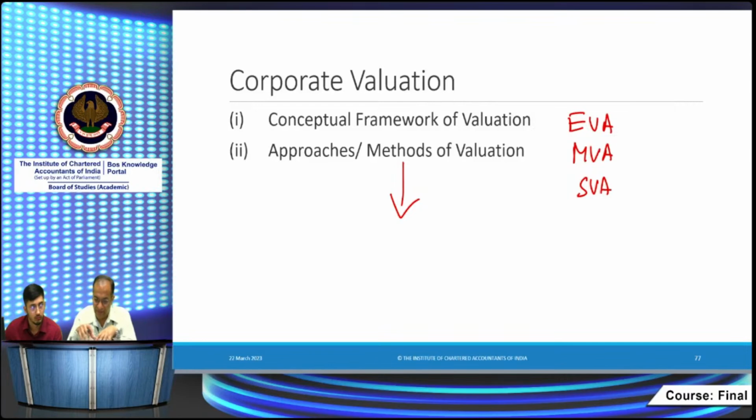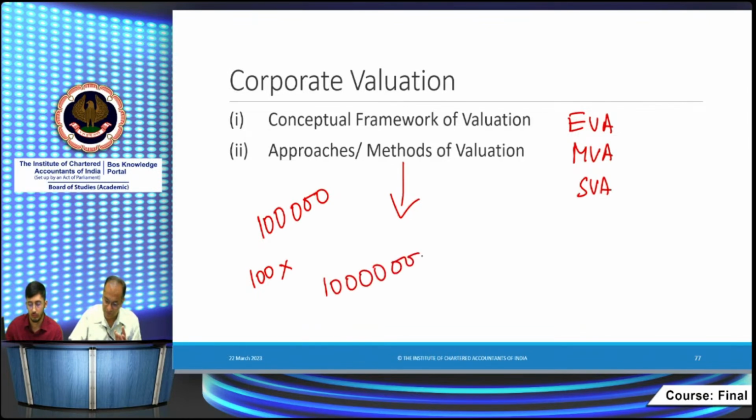If we compare with security valuation, in some places you will find that for corporate valuation even security valuation can be used. If a company has 1 lakh shares and the value of one share is 100, then the value of the company can simply be said to be 1 crore.